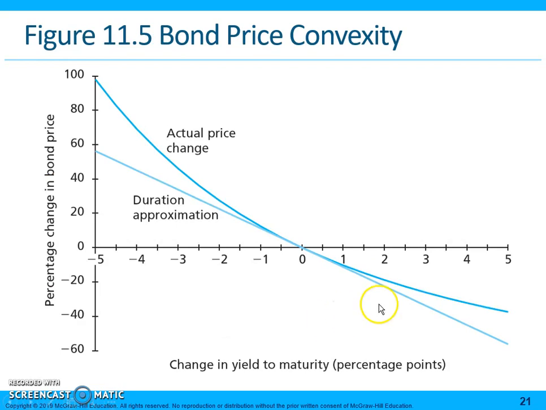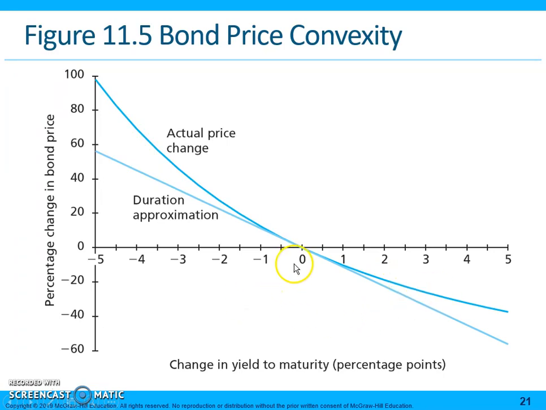So the lighter blue line is duration, and the curved line is the actual change in price for a bond. And then we have the percentage change on the y-axis and the change in yield on the x-axis. We start out at 0 here, so we can see that duration understates the price change when yields fall, and it overstates the price change when yields go up.